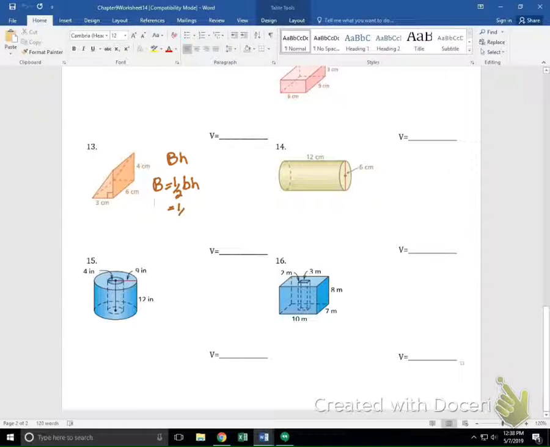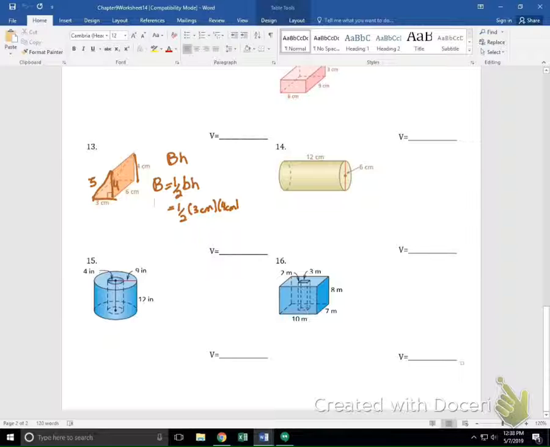My base here is 3. My height of that triangle is 4. You can see here it's the same 4 here, and we know it's a Pythagorean triple, so this will be a 5, or you can do the Pythagorean theorem, 3 squared plus 4 squared, 9 plus 16, which is 25, square rooted, which is 5.